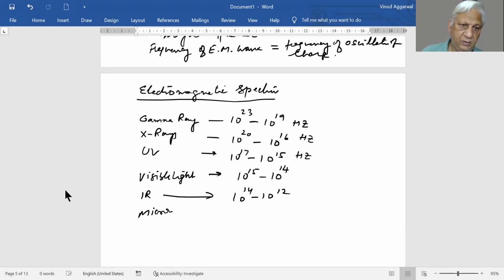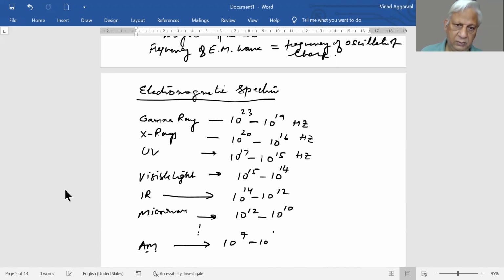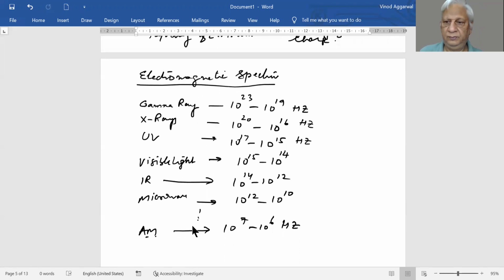Microwave goes from... and so on and so forth. It goes up to AM, amplitude modulated waves, which are 10 to 6 hertz. So this is a whole spectrum of electromagnetic waves. Depending upon its frequency, we categorize them into different categories.